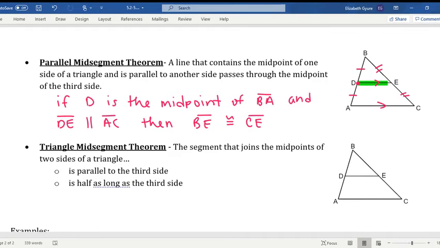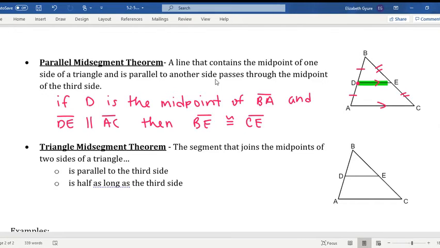Okay. So that's what that theorem basically tells you. If D is the midpoint and those two lines are parallel, then the other side is also congruent. Again, very similar to the last one that we did, it's just not dealing with three separate lines. Questions yet? I feel like the theorems themselves are worded a little tricky, but hopefully once you apply it to a picture, it makes a little bit more sense.